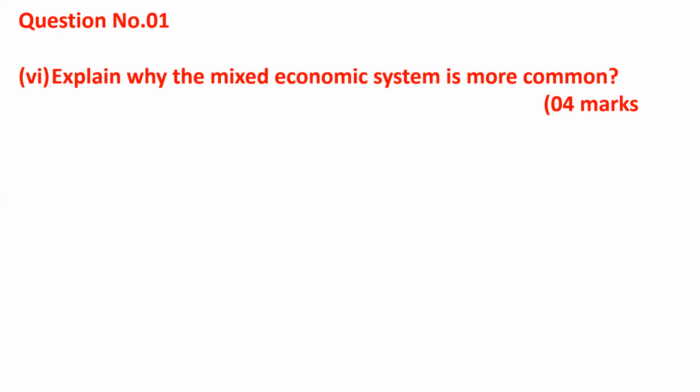And you have to mention some failures of the market economy. Again, market failures, not many, but about 2, 3. And the failures of the command economic system, at least 3 points. Then you have to say that because of these failures, people used a mixed economic system.